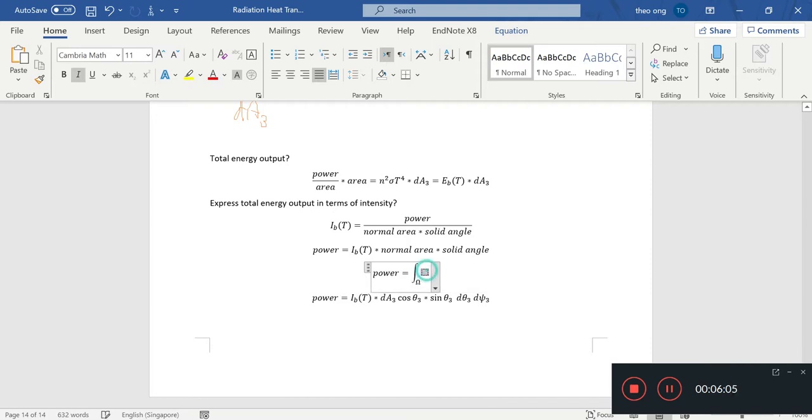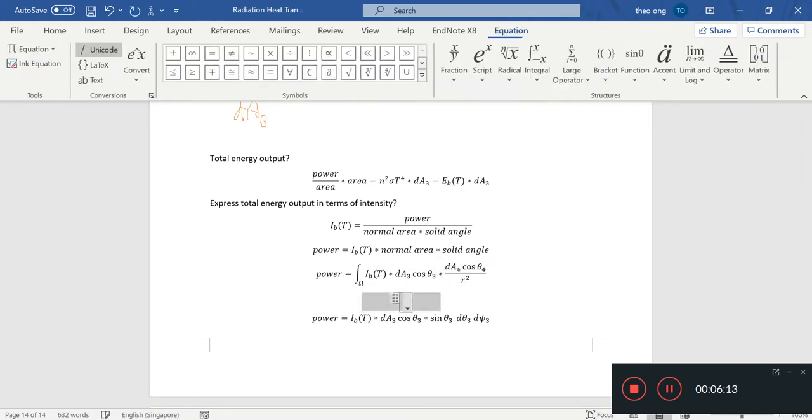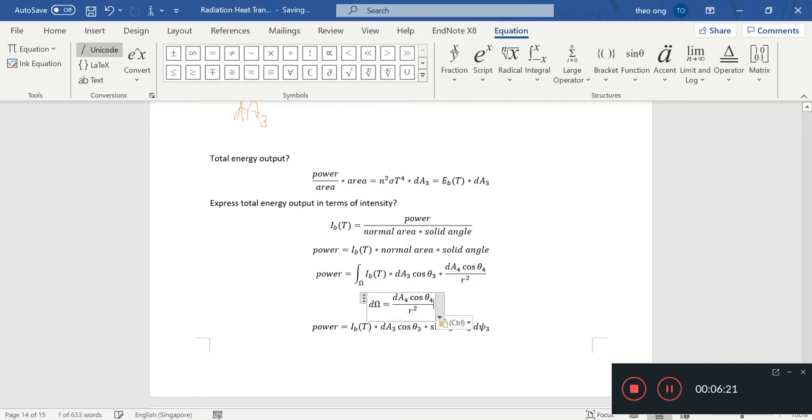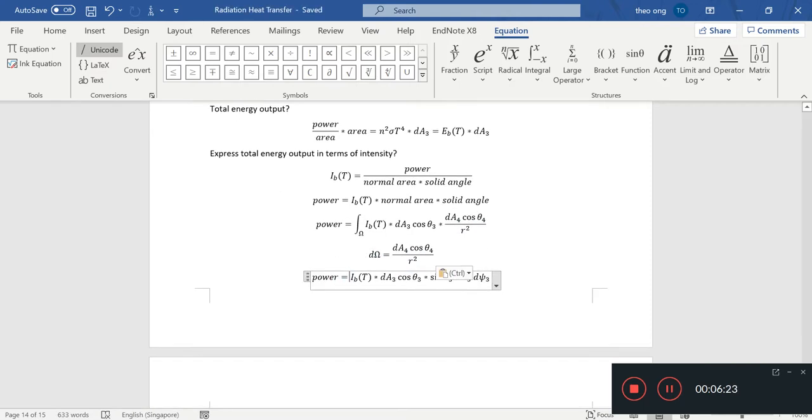So you're integrating over all solid angles, and this is actually what d omega is. d omega equals all of this here, and the other way to put it is this. This is what the solid angle is like.